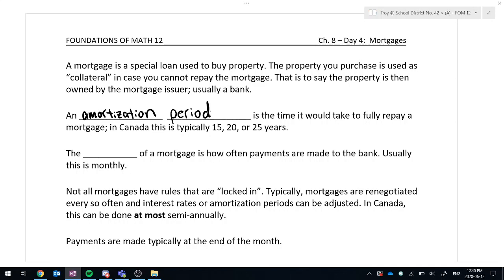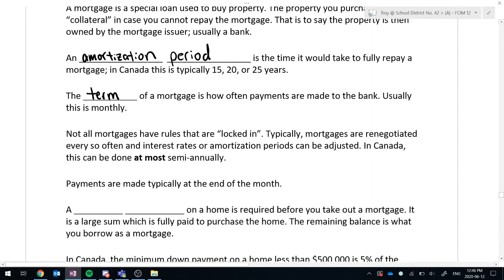In Canada, these are typically 15-year, 20-year, or 25-year mortgages that the bank will offer. And a term of a mortgage is how often the payments are made to the bank.